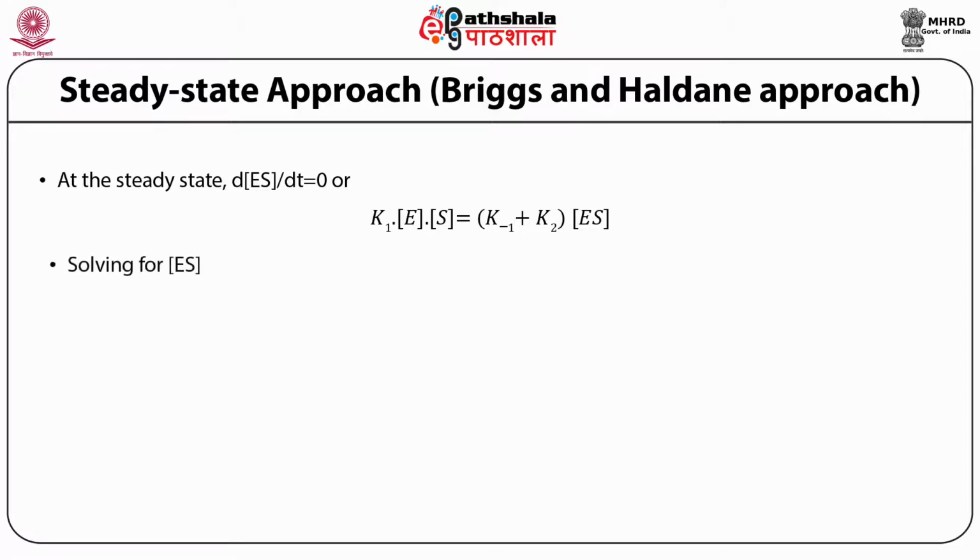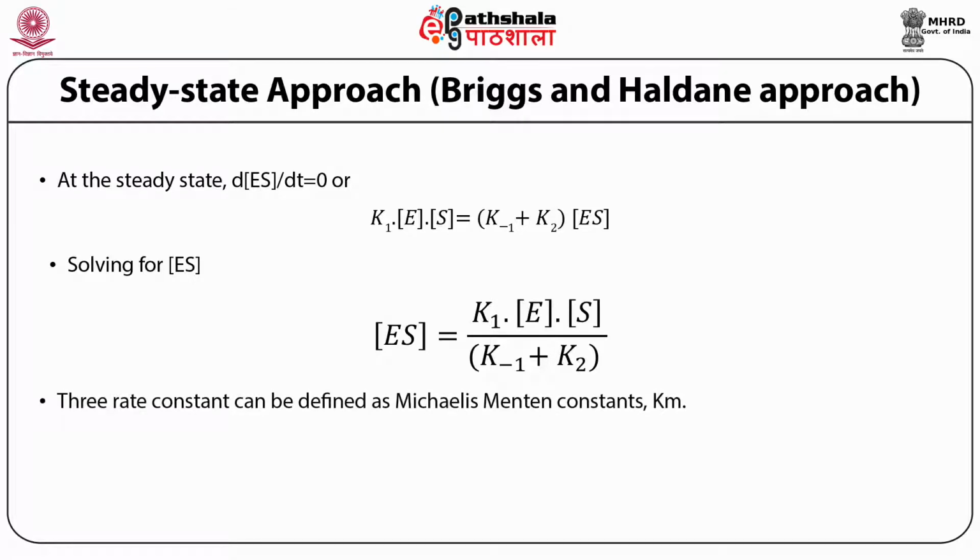So if you solve it for ES complex, you will find that the ES concentration is equal to K plus 1 into free enzyme into free substrate divided by K minus 1 plus K plus 2. The three rate constants present here, K minus 1, K plus 2, K plus 1, are defined in terms of the Michaelis-Menten constant, that is Km.